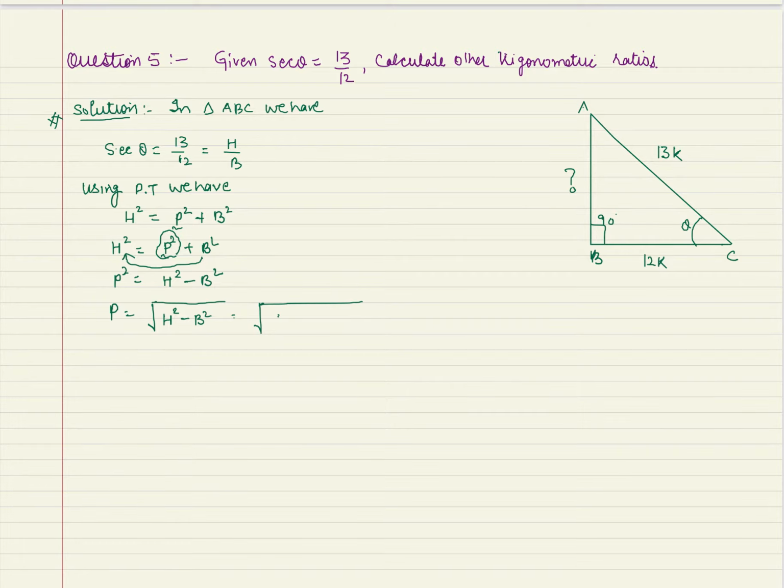h square is 13 times k square minus 12 times k square.